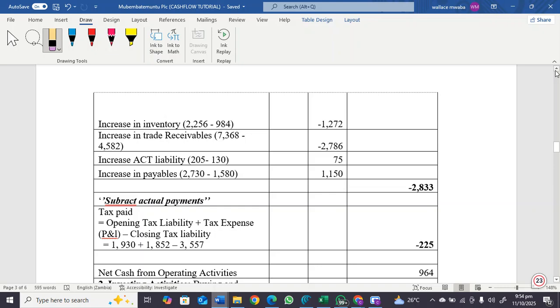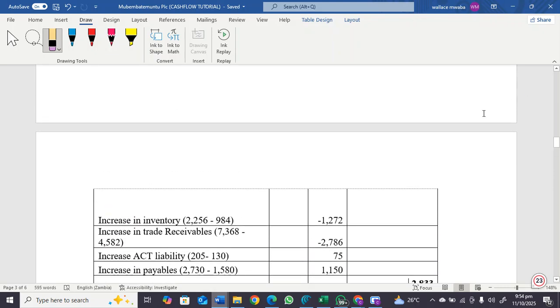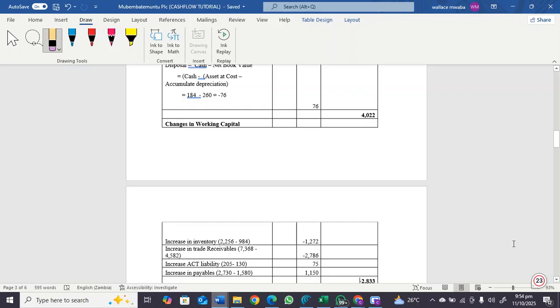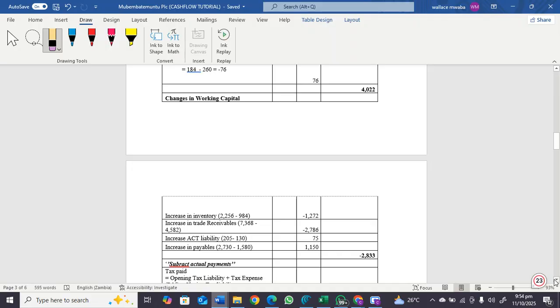Okay, so these changes in working capital, you add. You say negative 1272 minus 2786 plus 75 plus 1150, you get negative 2833.